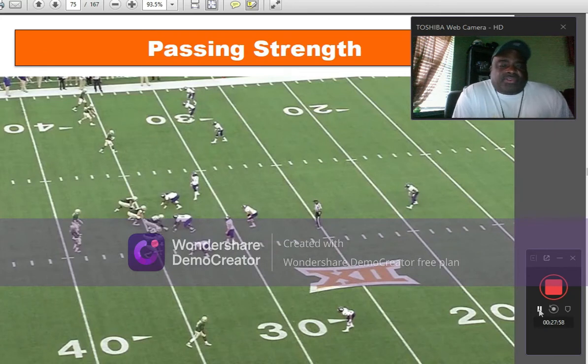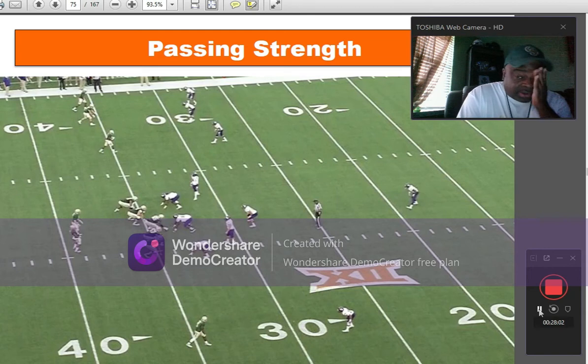And as a defensive coordinator, secondary coach, linebacker coach, you have to understand the passing strength. You have to understand what the offensive passing strength is. Where do you line up? Because you might be a team where you line up 6 people to the strong side and 5 to the weaker side. You have to know what you're trying to do.